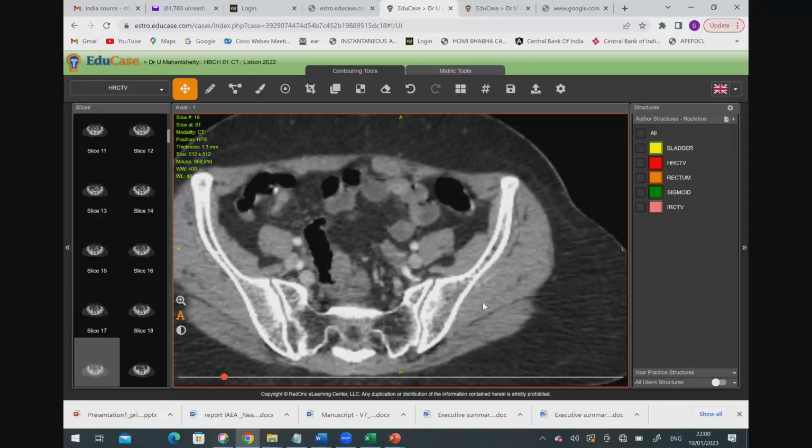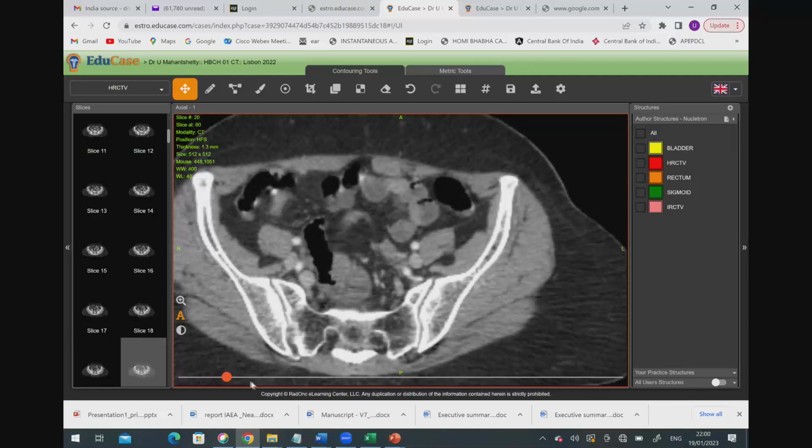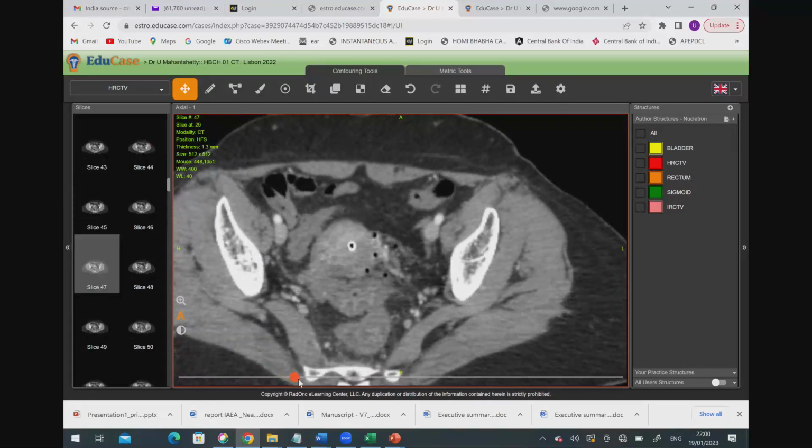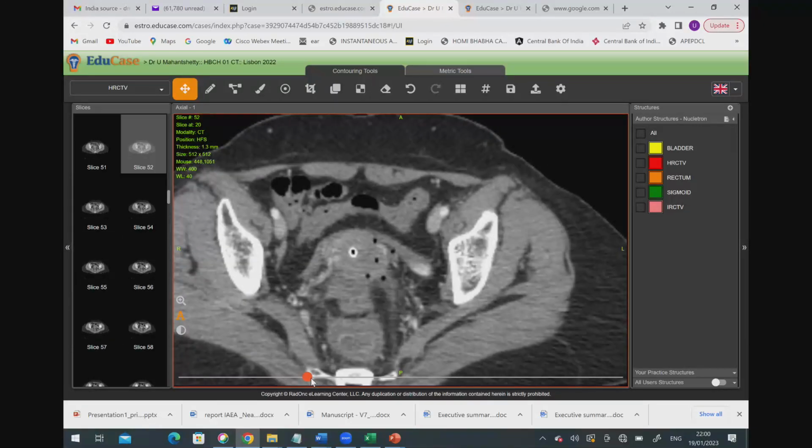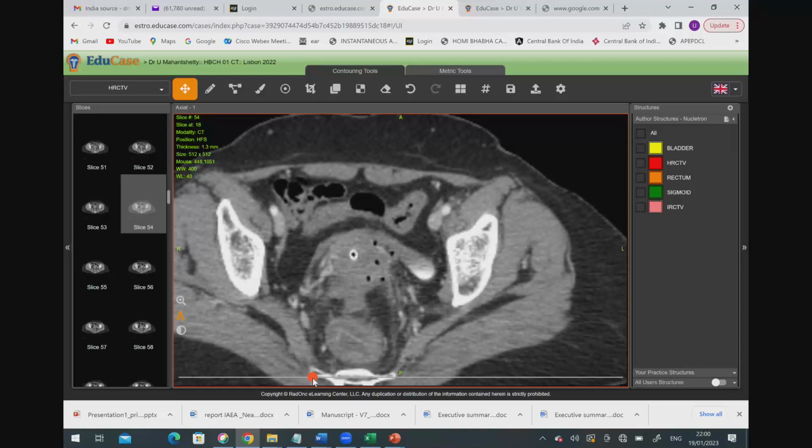Yeah. Yeah, lost. So start from this slice. Can you see this slice? 54. Yeah, 54, 55, up and down.